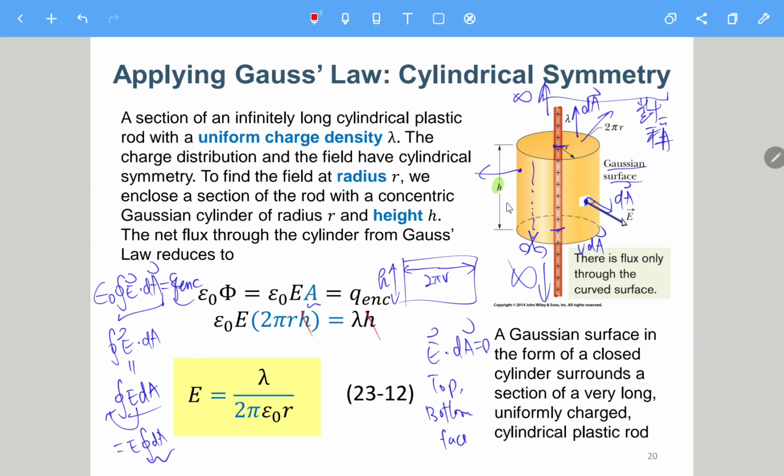So the height of this cylinder is not important because this rod is infinitely long. So we just move these terms to the right side.